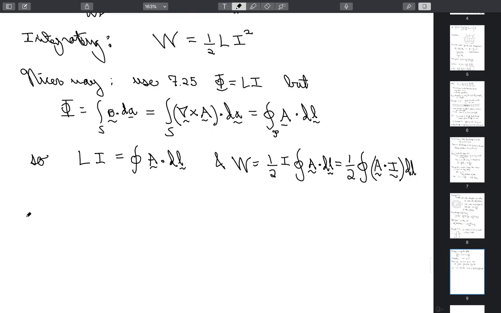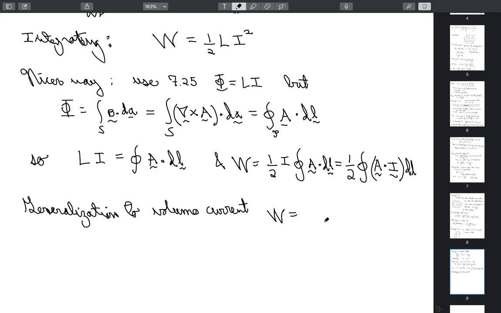Okay, so this immediately generalizes to volume currents, because you see, instead of just integrating a line current along a line, I can just say now I'm integrating over the volume with the volume current density, right?